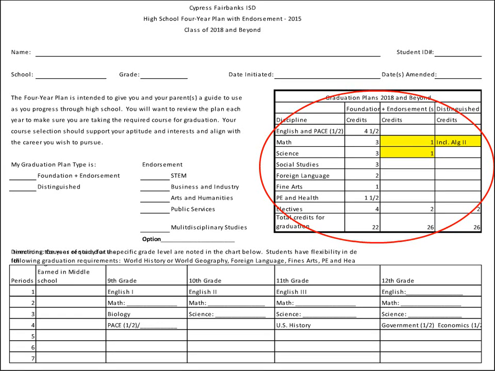So you should also make sure that you understand that as we plan forward for the remainder of this year. Options to graduate with only the foundation plan can be discussed, but you can only do this after your sophomore year of high school, and you'll need to see your high school counselor for more details on how that works.